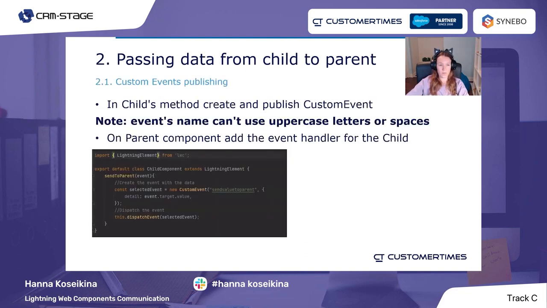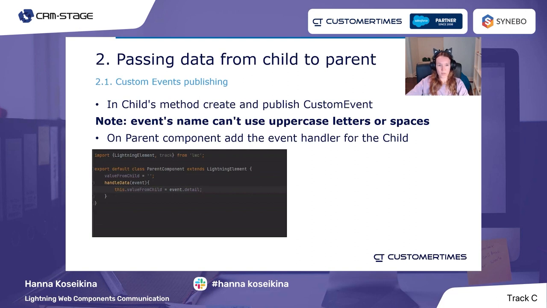The best option, well, not the best, but the mainly used option is custom events publishing. In child methods, we create a custom event and publish it. Event name cannot use uppercase letters or spaces, so in my case, it's send data to parent.